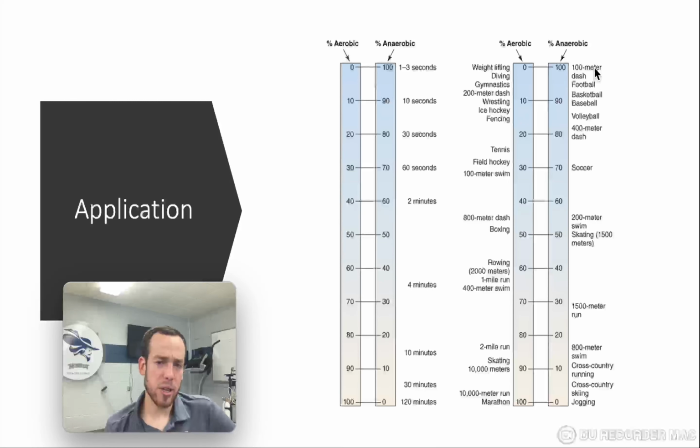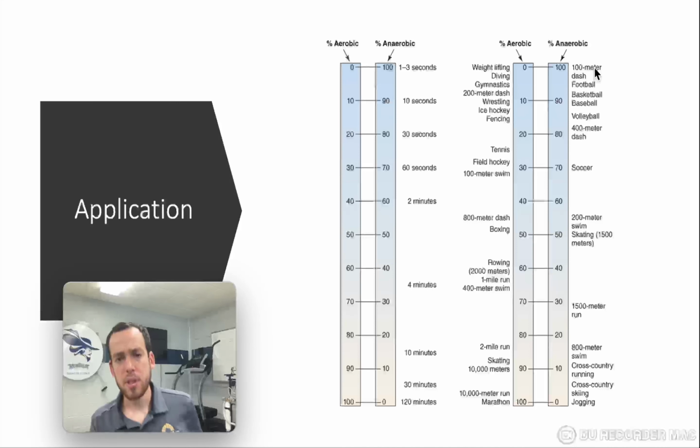Because to some extent, each of these systems is important for everyone. It just doesn't make sense for a 100-meter dash runner to go run 10 miles and expect to get better at the 100-meter dash. Their time would be better spent sprinting, because that's logical, right?